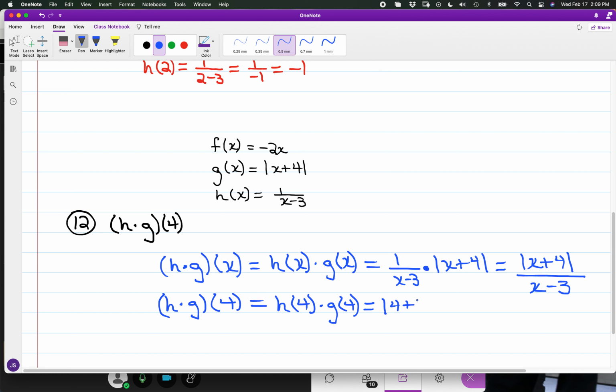So we have the absolute value of 4 plus 4, all over 4 minus 3. So this will become the absolute value of 8 over 1. And upon simplifying, the absolute value of 8 is 8. 8 divided by 1 is 8.